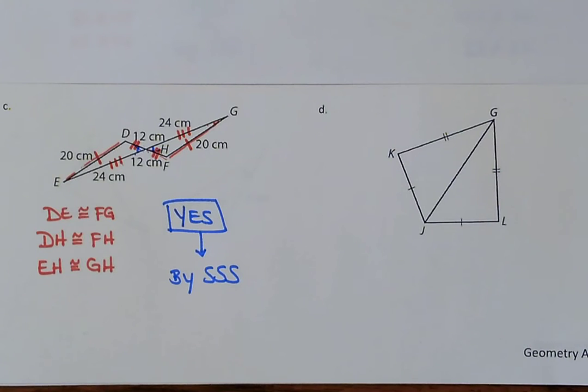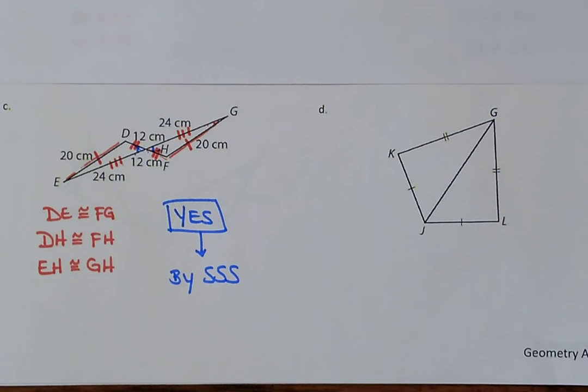Right now we're just worried about side, side, side, but know that they all do intermix and come together. So don't ignore or forget side, angle, side, or angle, side, angle, just because we're talking about side, side, side today. There are multiple and numerous ways you can prove triangles congruent. We're just going through step by step, talking about more and more.